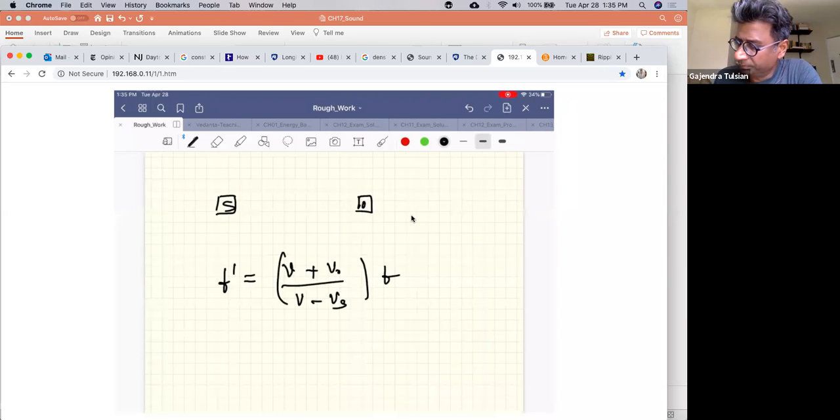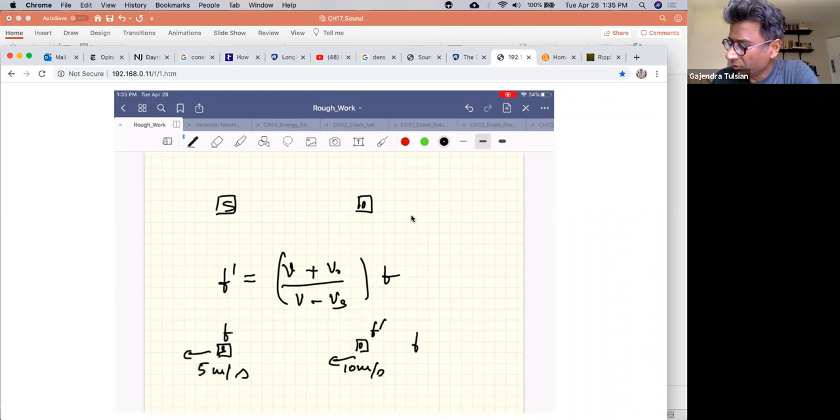So let's say the observer is moving at 10 meters per second, and the source is moving away at 5 meters per second. And the source emits a frequency, this is the emitted. So F prime would be V, the speed of sound is 340 meters per second, 340 or 343. And the formula would be 340.